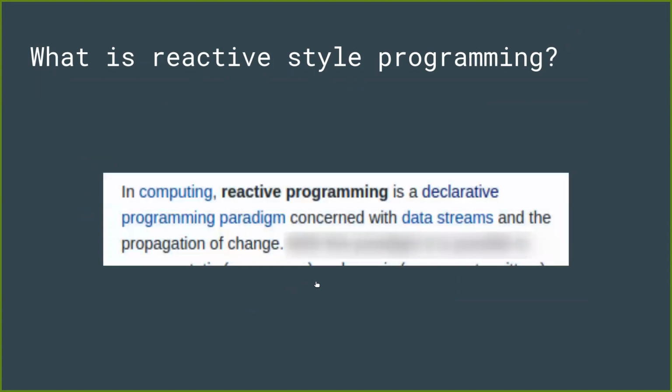So this is what Wikipedia says. It's a declarative programming paradigm concerned with data streams and propagation of change. And this one seems also to be an easy definition, except for the last part with that strange propagation of change, of course. But let's try to simplify this one also.